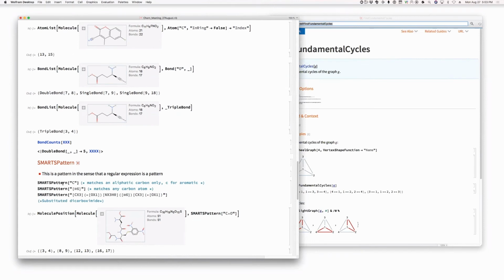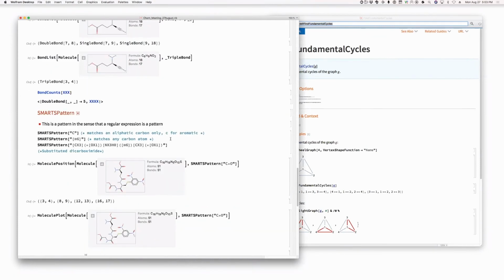So this is analogous to a regular expression, right? This thing here. Yeah. I probably suggested this in a previous meeting. I mean, what's the possibility?